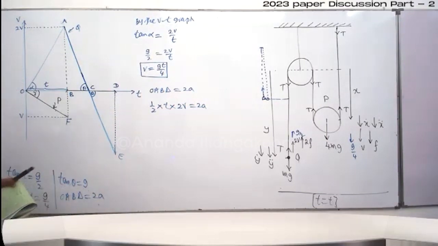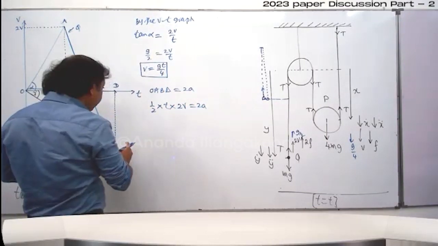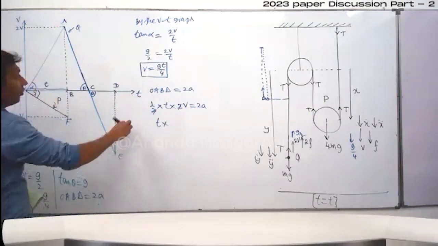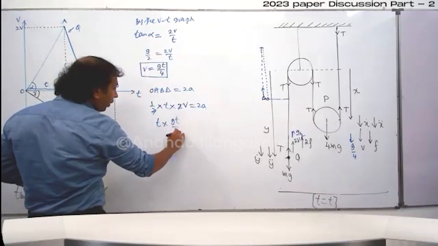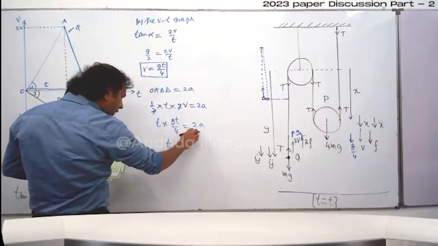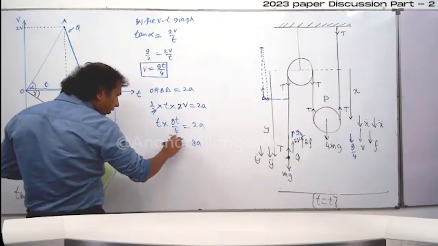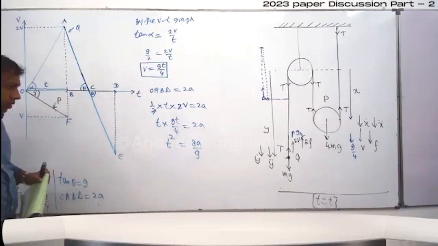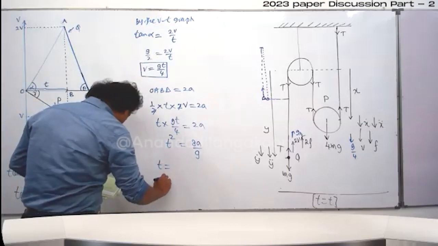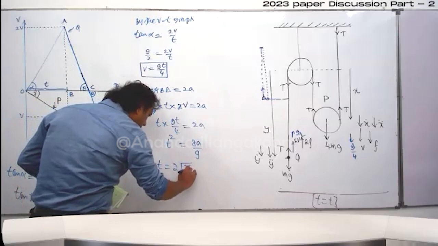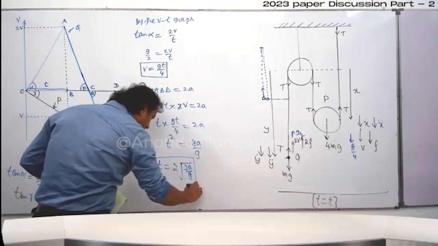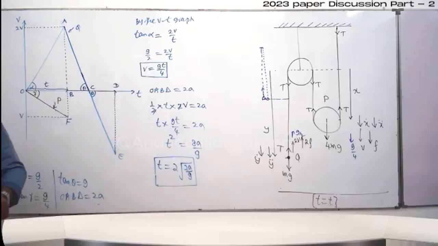Then here you can cancel the 2 and 2, so t times v, where v is gt by 4, equals A. By this we get t squared equals 8A by g. Then what is t? Taking the root of this, we get t equals 2 times square root of 2A by g. This way we can find the time t. It is one answer, I think, no?